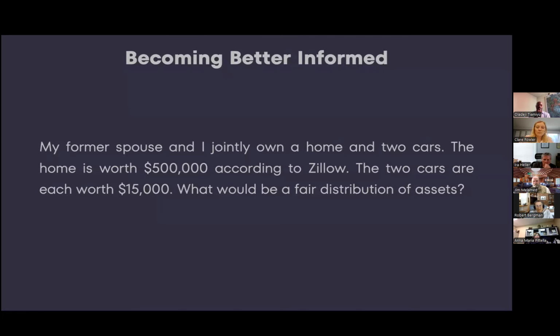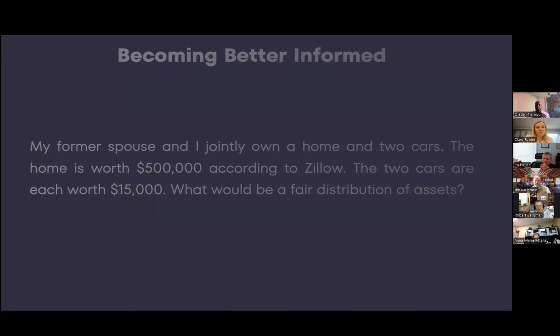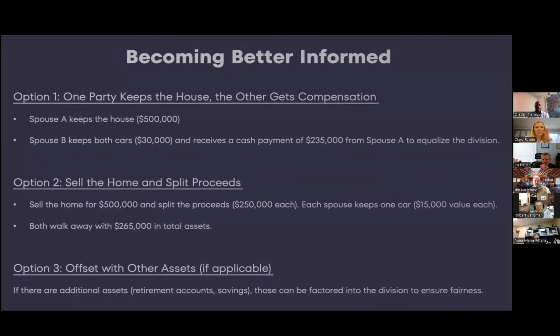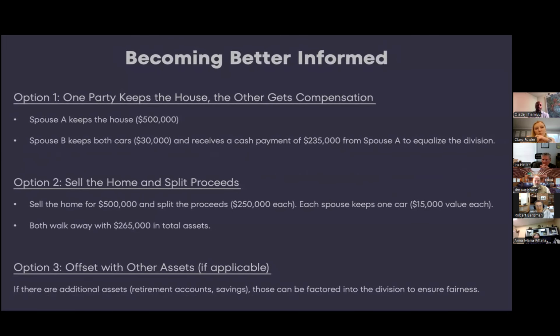And if you are a party trying to be better informed on this, you just type it in with your favorite Gen AI tool, and in all likelihood, it's going to provide you with a variety of different options, right? Different options moving in the direction of fairness, moving in the direction of equity, of both parties feeling like they are better off, or at least not worse off, as a result of the process, right?